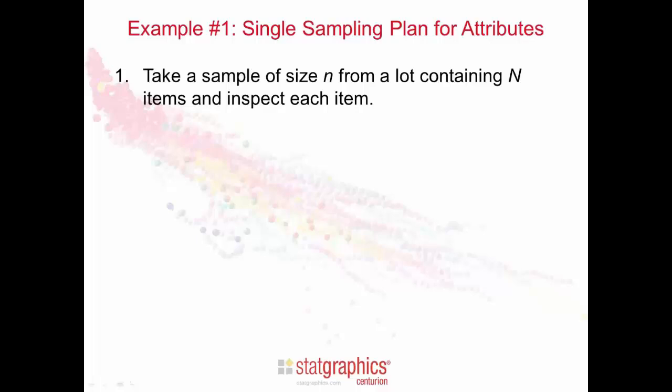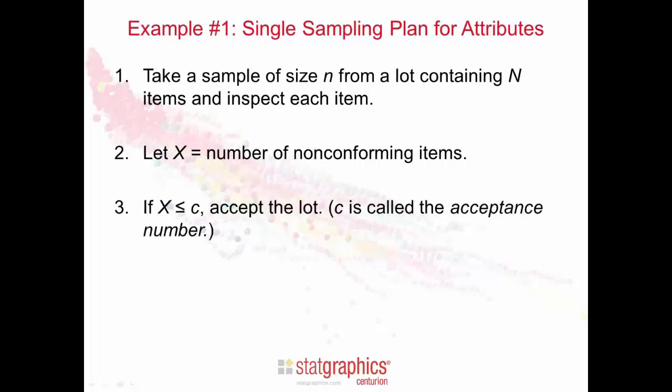We'll let X be the number of unacceptable or non-conforming items, items that don't meet our requirements for that particular product. If X, the number of non-conforming items, turns out to be less than or equal to some number C, we'll accept the lot. In that case, C is called the acceptance number. If X is greater than C, we'll reject the lot.